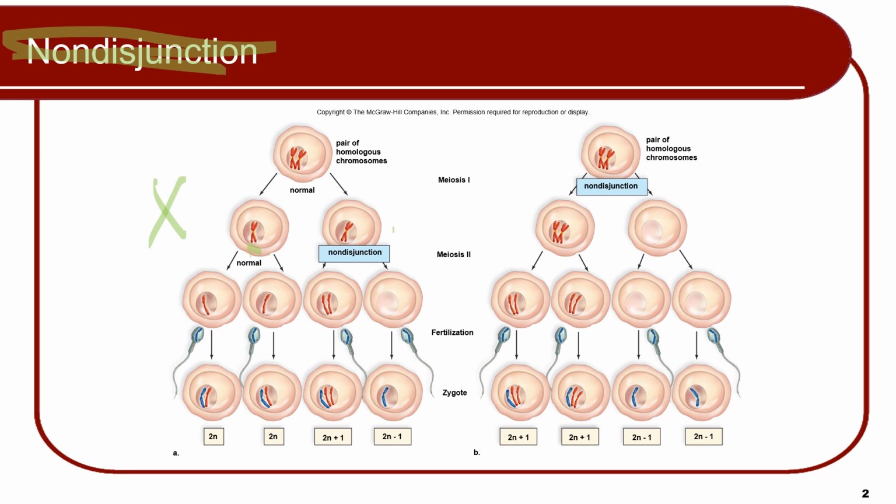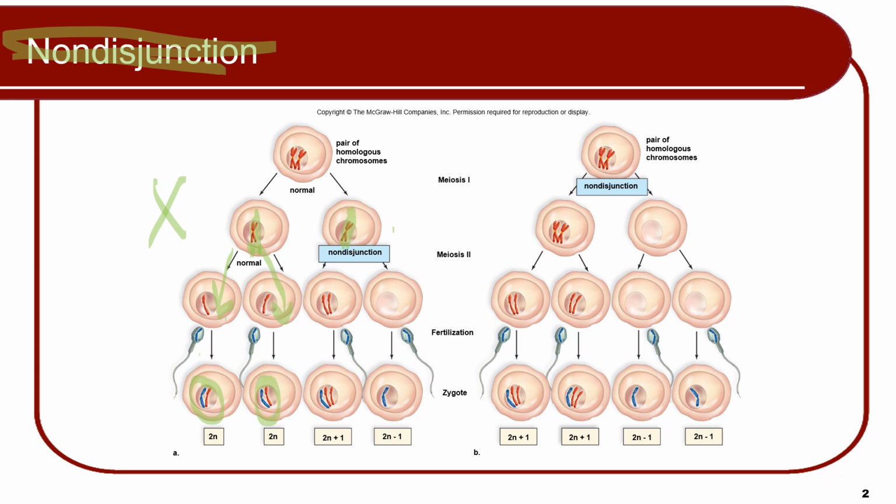Then in meiosis 2, those sister chromatids should split and one go to one daughter cell and one go to the other daughter cell. Then when that egg is fertilized by a sperm, you have 2 of that chromosome, which is the normal number.